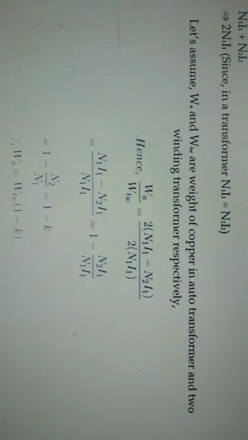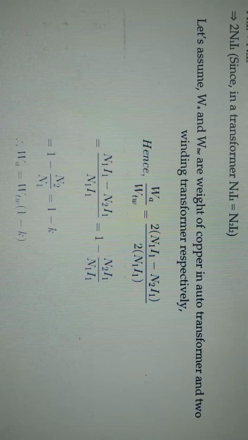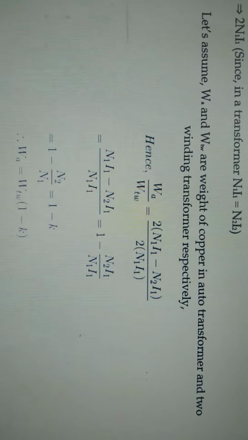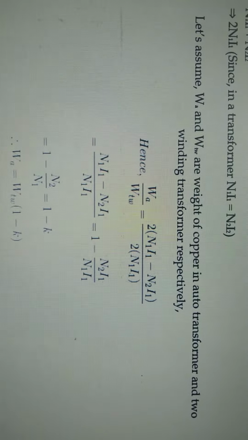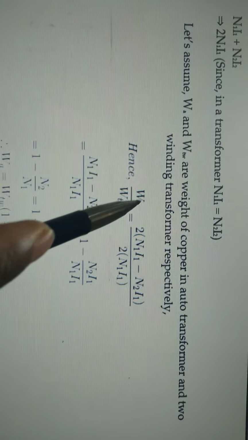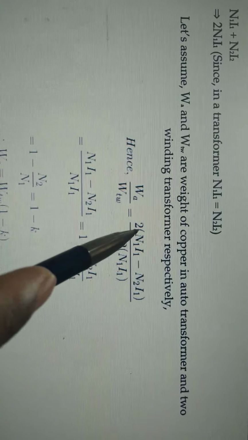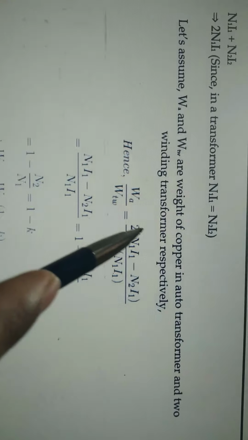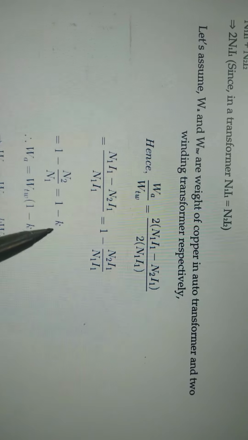Then comes the comparison of the weight of copper of the auto transformer and the two winding transformer. WA indicates the weight of the copper of the auto transformer, and WTW indicates that of the two winding transformer. This is clearly shown here. We are just comparing the equations we got earlier. From this we get one equation, 1 minus K, where K is the turns ratio.